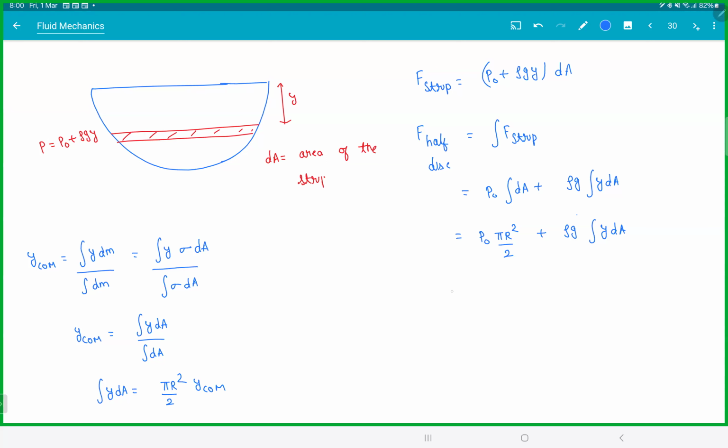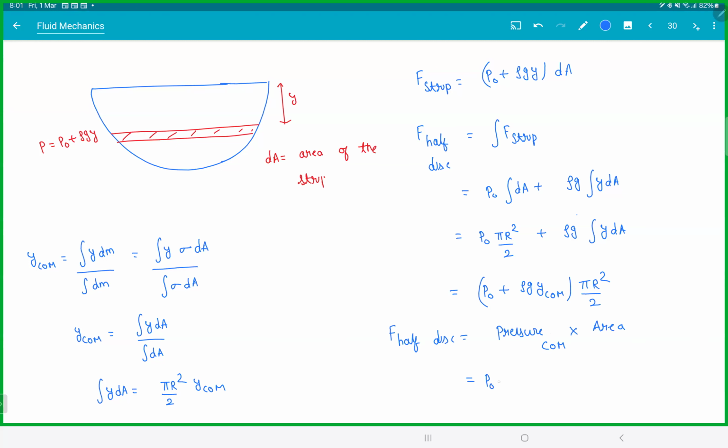So if I substitute this here, you end up with P naught plus rho g y center of mass, into pi r square by 2. The answer comes: force on the half disk. You just need to find the pressure at center of mass into area of the disk.